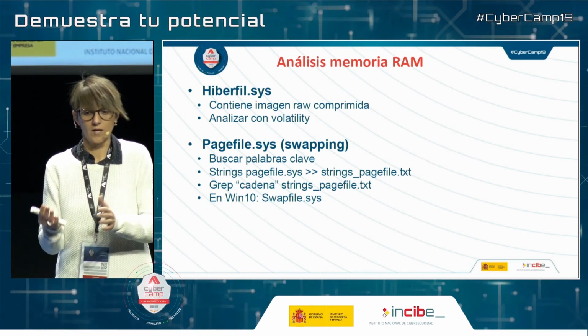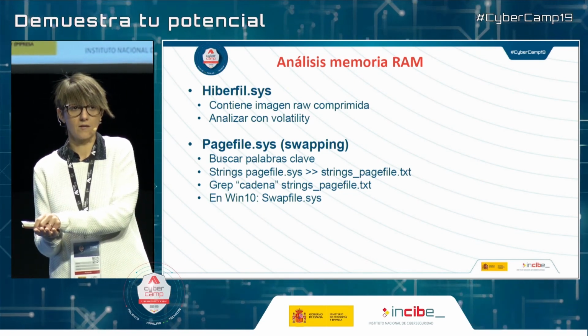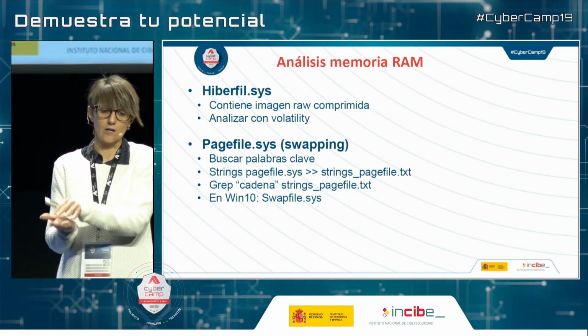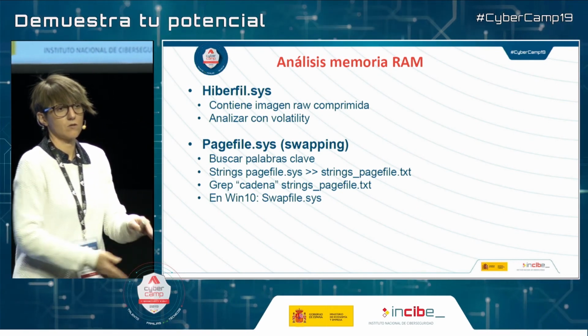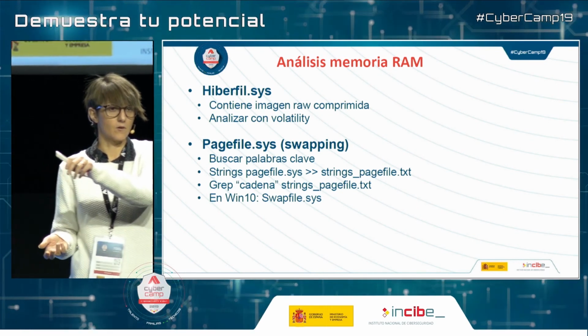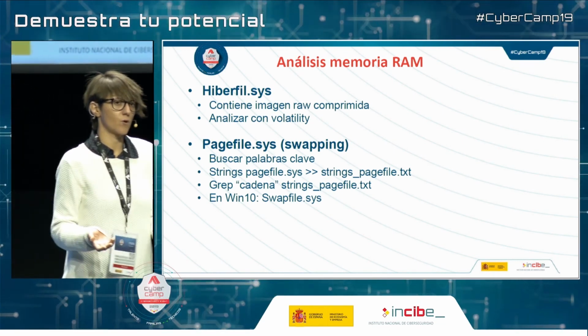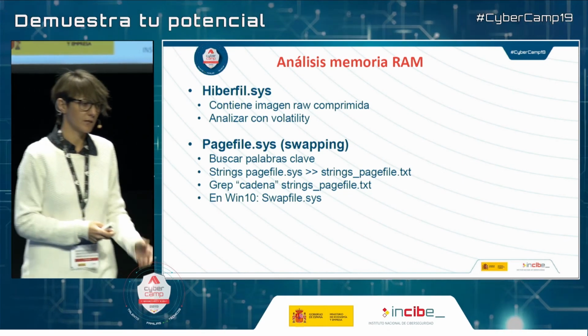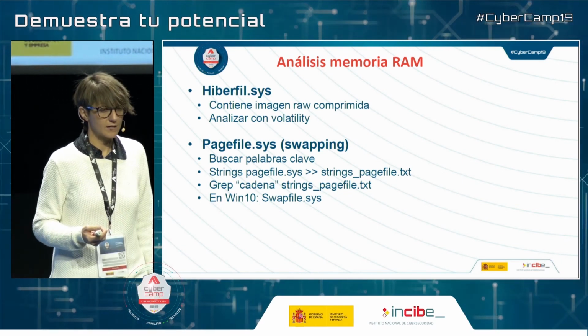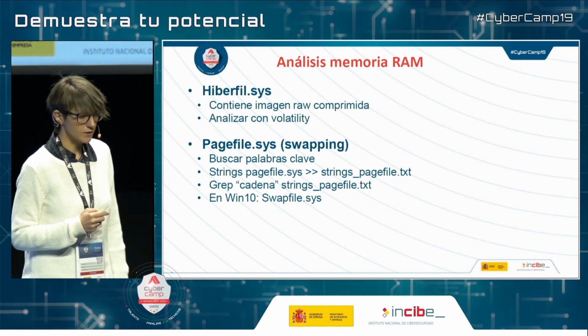You've got all your browsers, everything that you had open. Why? Because it has taken all the contents of the RAM, and it has copied them to a drive file. And when the system starts again, it just takes that file and puts it on the RAM. So that could also be an object for investigation, the hibernation file.